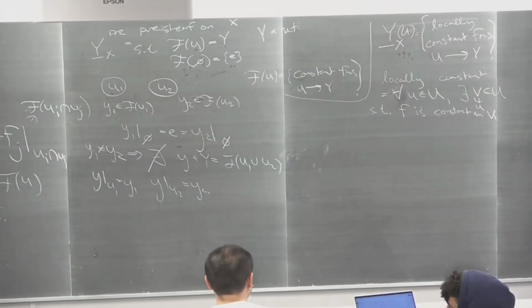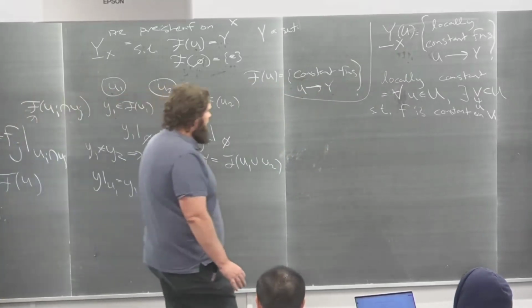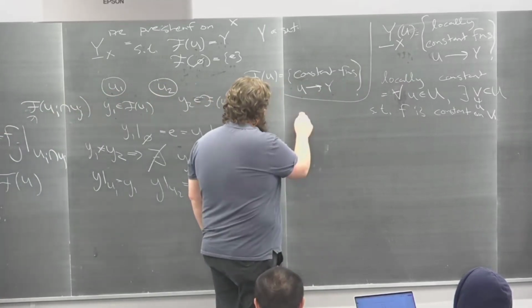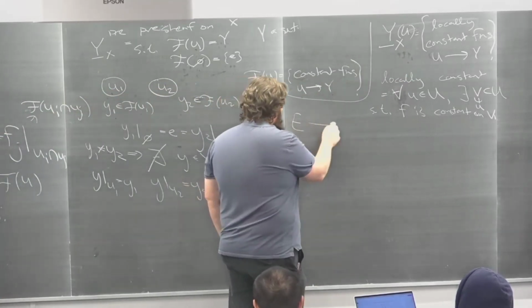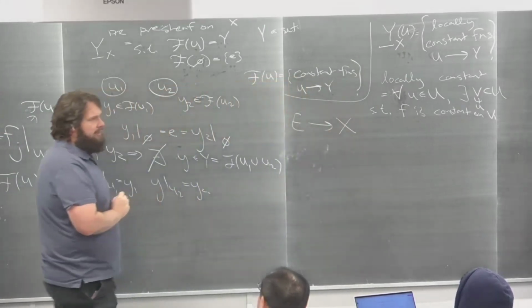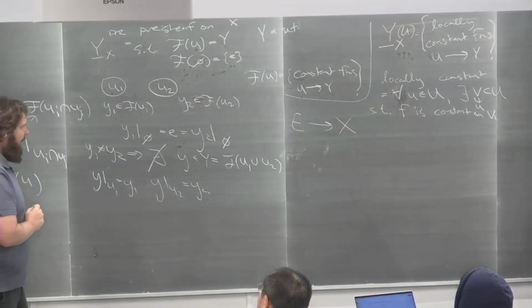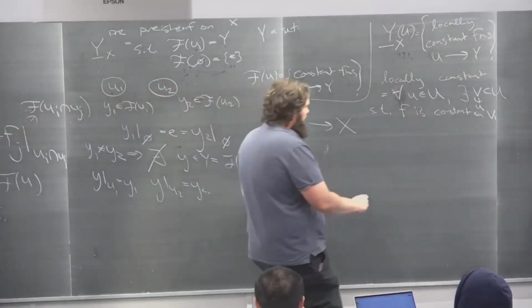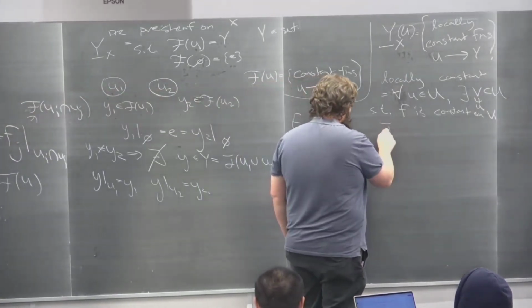All right, let me mention two things here. So I had mentioned in class last time that whenever I have a topological space E mapping to X, I can define a sheaf by looking at sections.